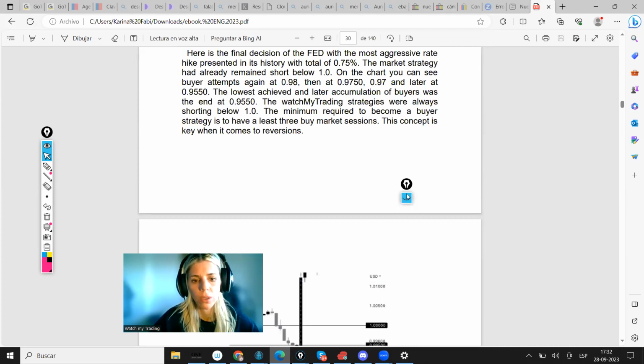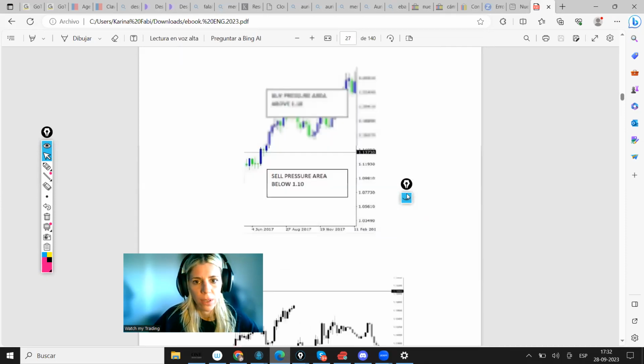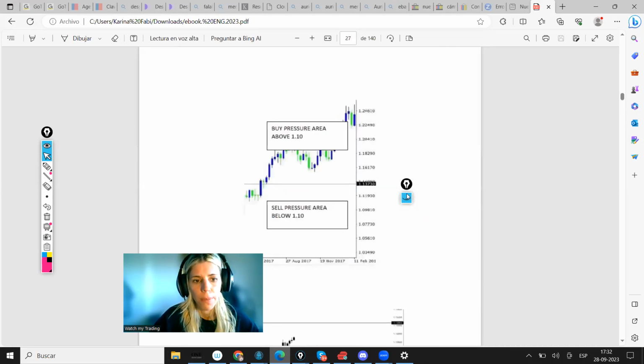Also the information. I'm going to talk about that in the next few lessons, how you understand the fundamentals, how you trade information, how you go with price action and fundamentals and news. There's also a huge deal when it comes to price activity.